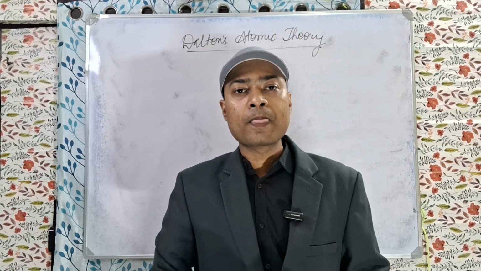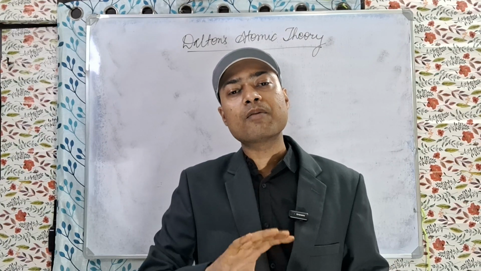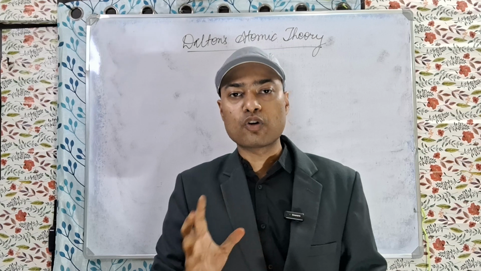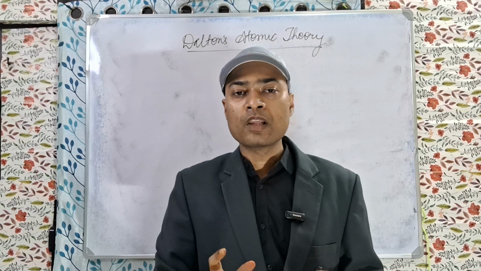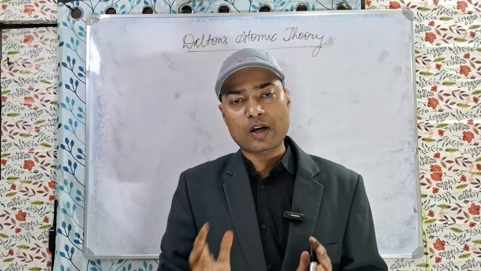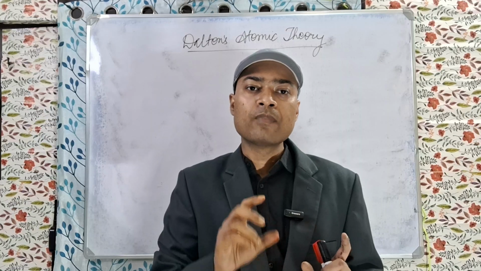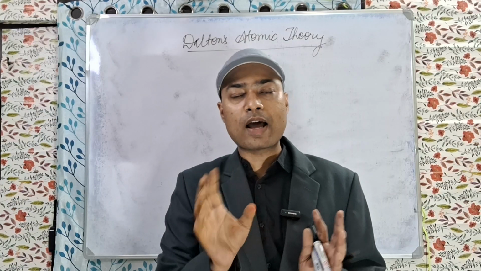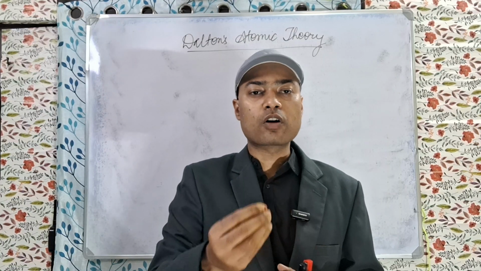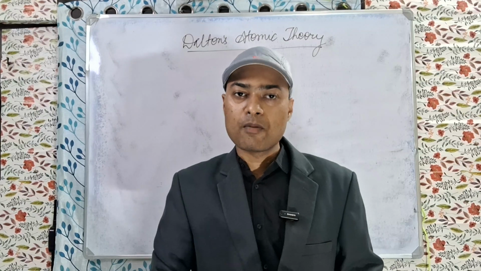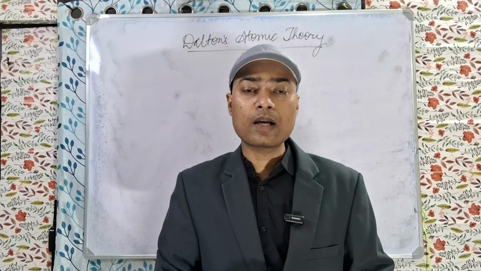Okay, thirdly, it says that atoms combine in a fixed ratio to form compounds. But again we have seen non-stoichiometric compounds. Here the ratio is varying because of the different oxidation states and the amount present in those particular compounds.